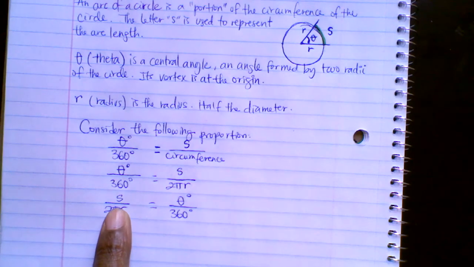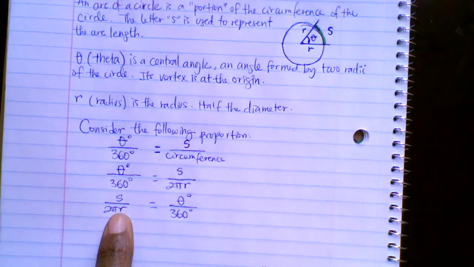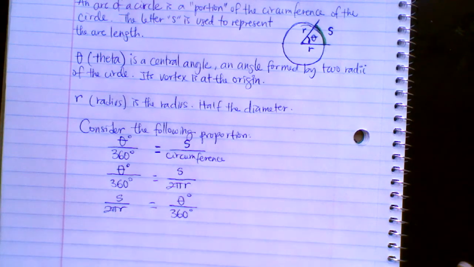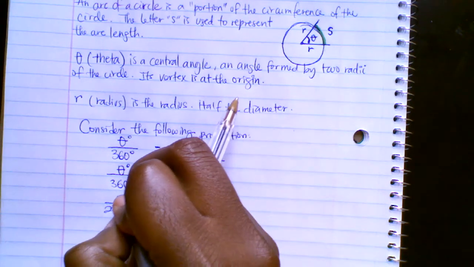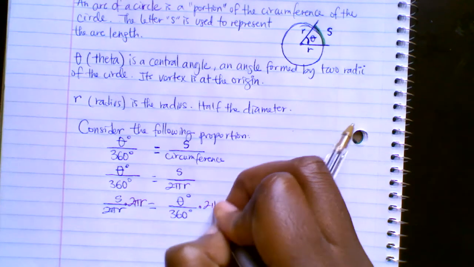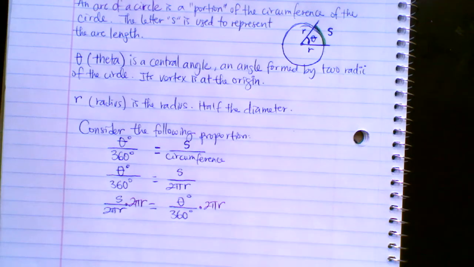I want S to be all by itself on the left side, but it's not yet because S is divided by 2 pi r. So to undo division by 2 pi r, you multiply by 2 pi r. And whatever you do on one side, you have to do on the other side to balance the equation.